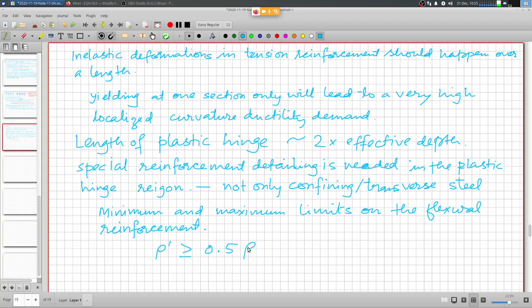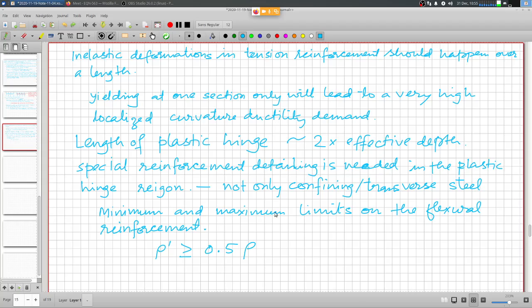These are empirically derived numbers based on experimental observations, and you can find those figures or the empirical expressions in various books. What is the maximum limit and minimum limit, those provide the basic margin of flexural reinforcement, and with that we can go ahead with the flexural design.